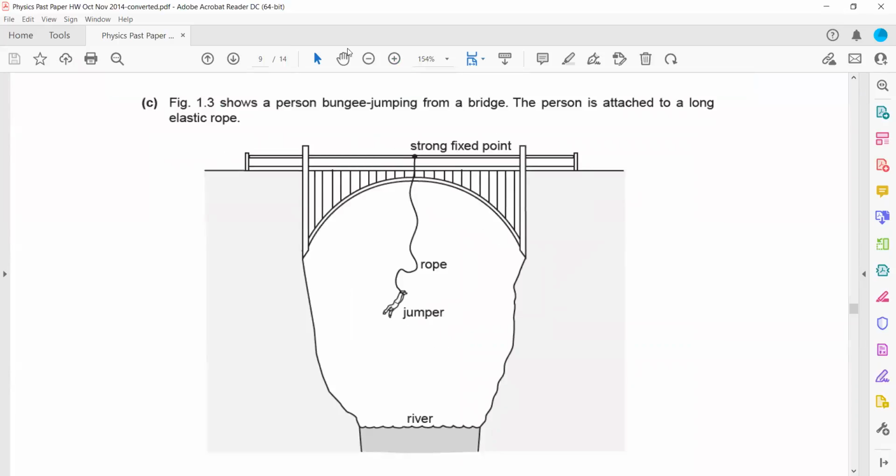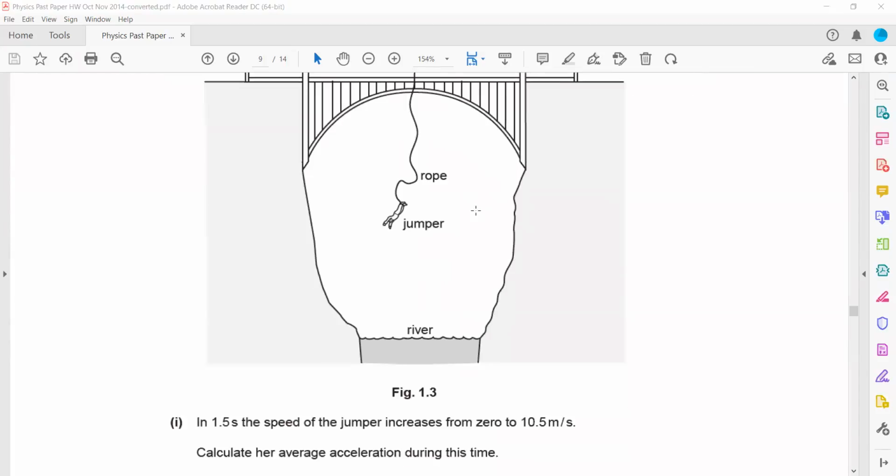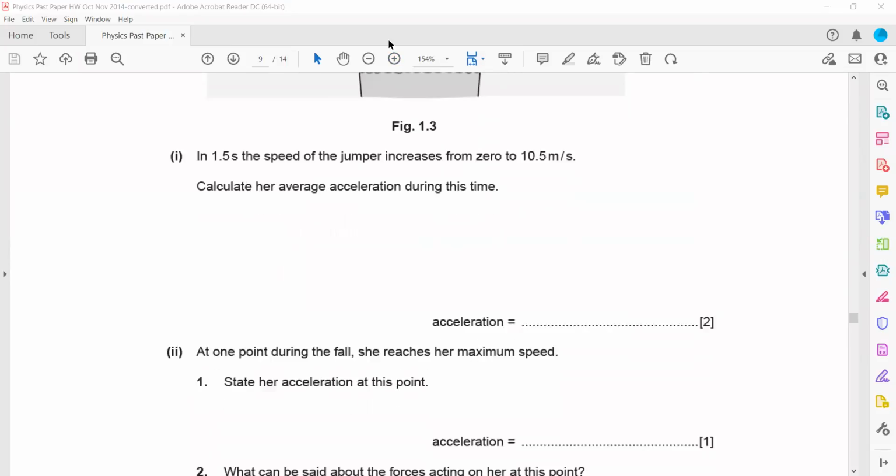The figure shows bungee jumping from a bridge. A person is attached to a long cord. When he jumps, in 1.5 seconds, so this is the time, the speed of the jumper increases from 0, so it starts at 0 and ends at 10.5. What is the average acceleration, or total acceleration, or maximum acceleration?